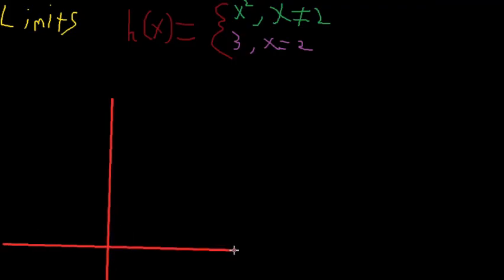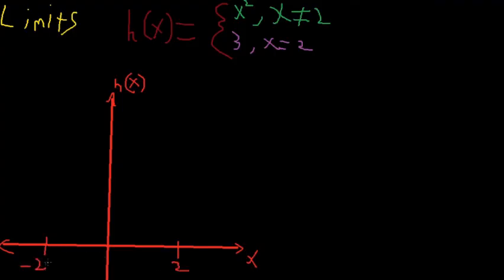So we have the graph here. This up here is h of x, and over here is x. Let's put values on both sides: 2, and over here negative 2. Then if we drew the parabola, it would look something like this.